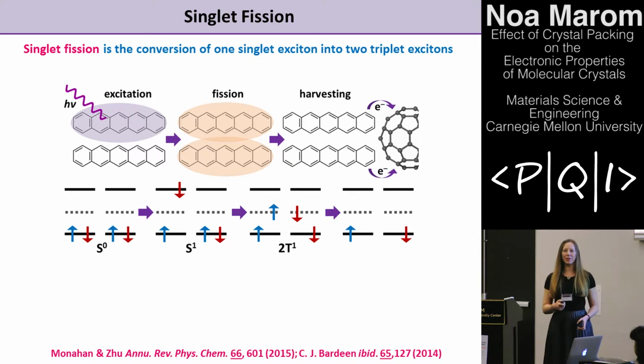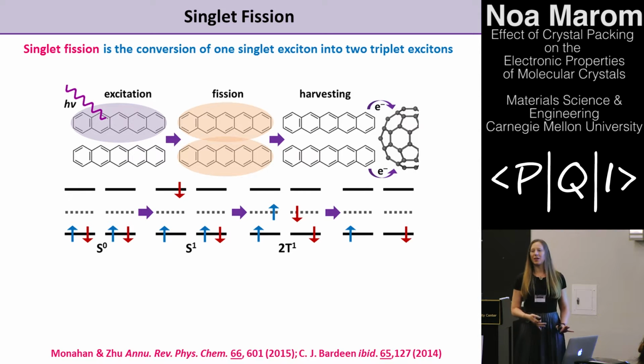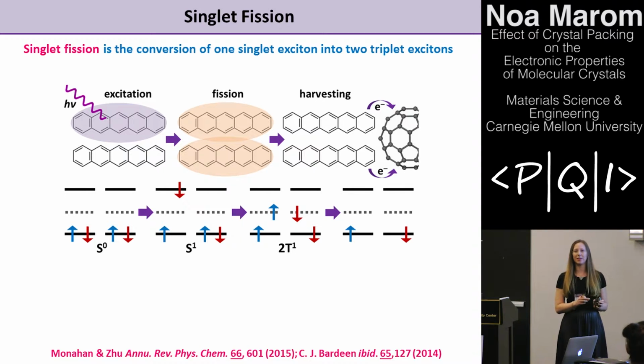So in singlet fission, we have one molecule here that absorbs a photon and produces an exciton here. But then somehow the singlet exciton might split into two triplet excitons localized on different molecules, and each one of them has about half the energy of the singlet exciton.